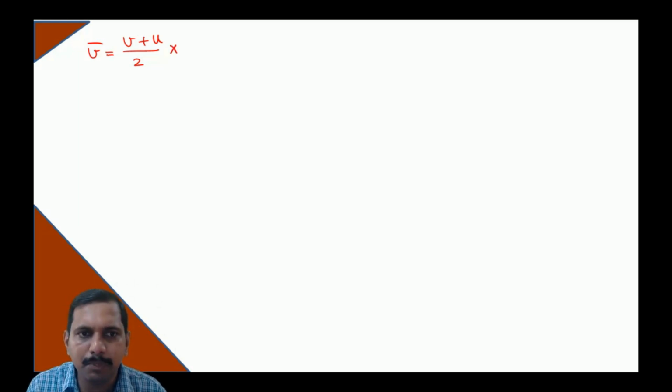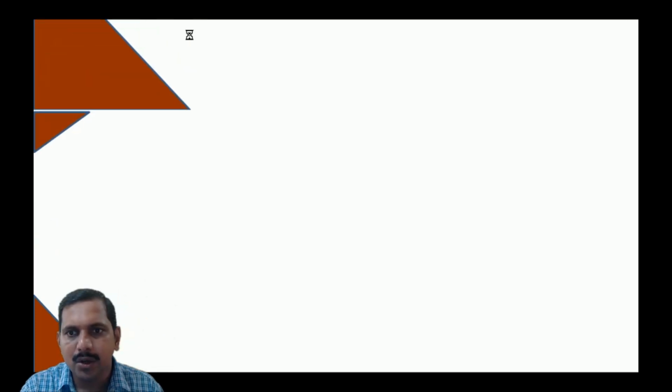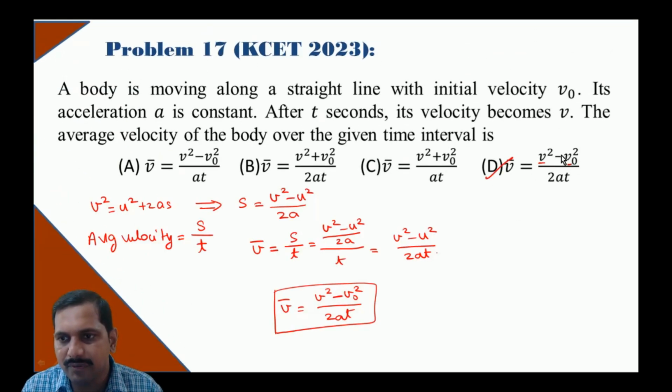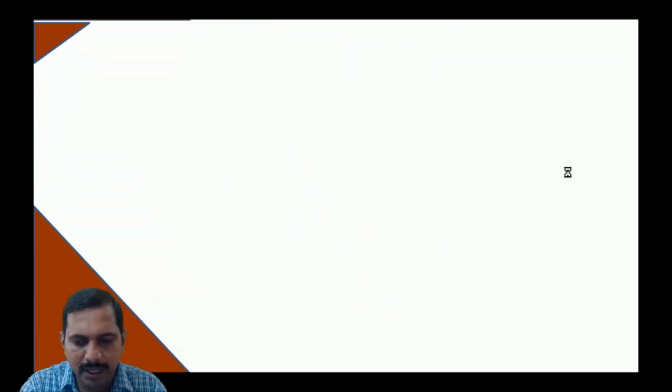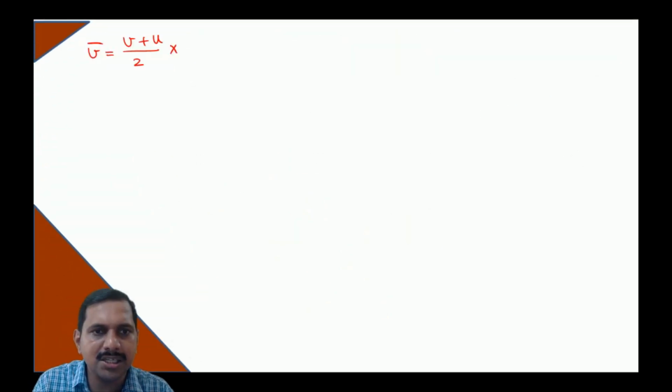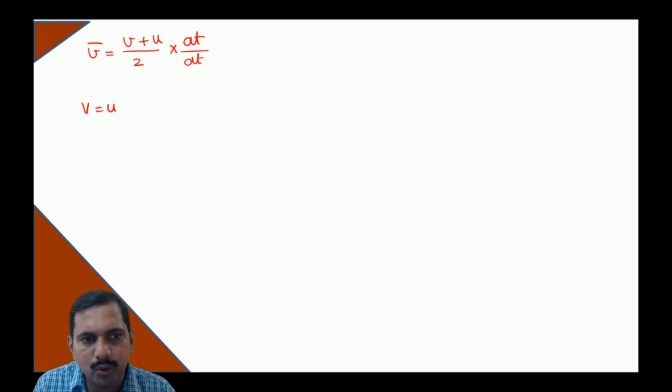When you compare this with the equation here, v square minus v0 square by 2at, the 2at is missing. So let us multiply this by 2at and divide by 2at. Now we understand that v is equal to u plus at, so 2at is equal to 2 times v minus u. We can substitute that here.